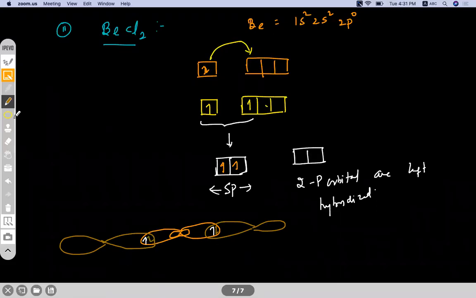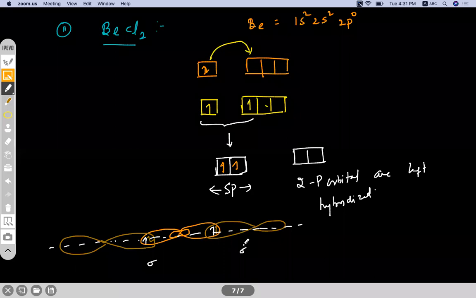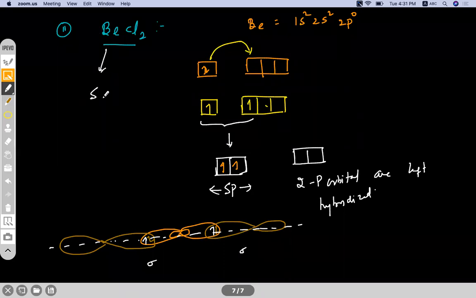So this overlaps here and forms a bond along this line. So it's a sigma bond, right? This sigma overlap and this sigma overlap. So the hybridization for Be in this molecule is sp.